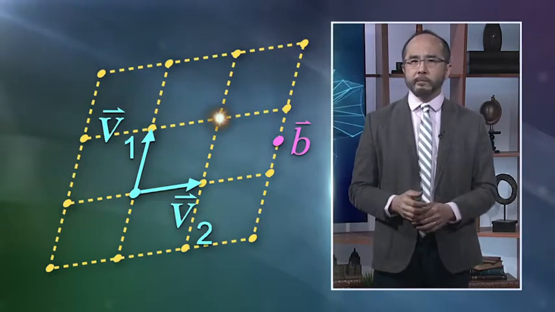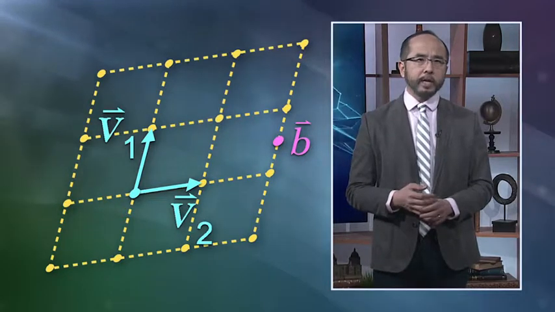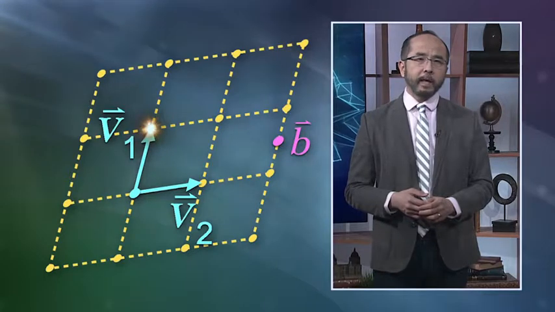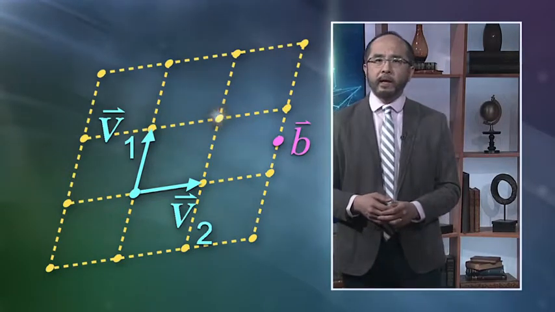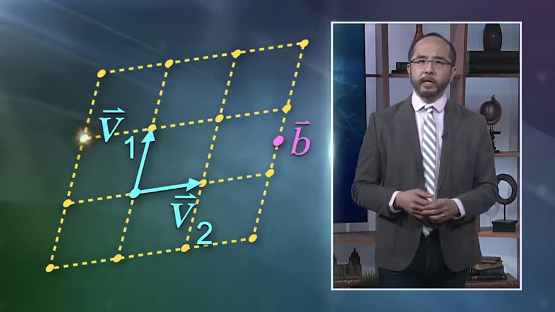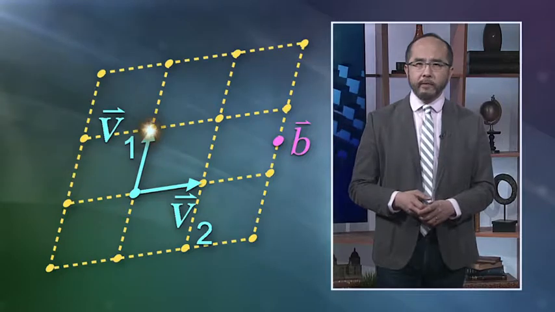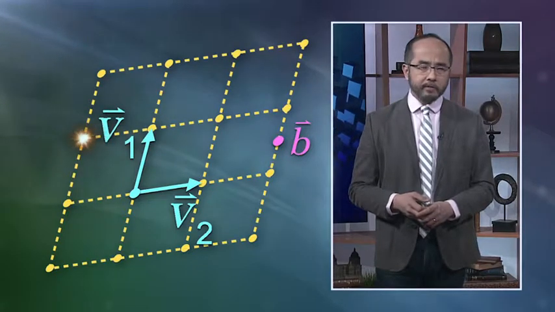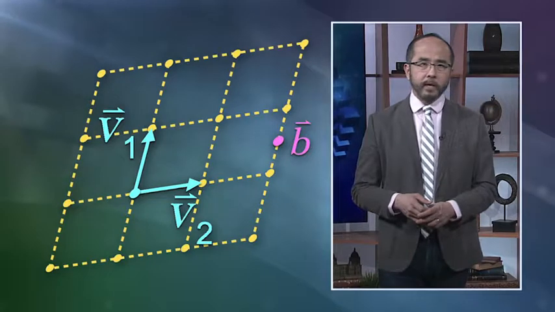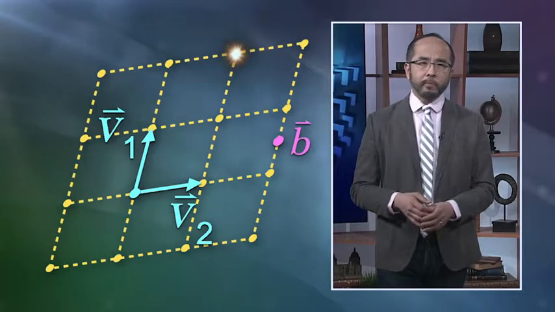So this is the point representing v1 plus v2, because you can get here by marching first in the direction v1 and then v2. And this is the point v1 minus v2, because you can get here by first moving in the direction v1 and then in the direction of minus v2, which is the opposite of the direction v2. And over here is 2 times v1 plus v2.